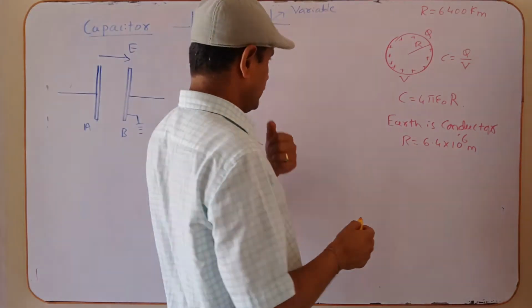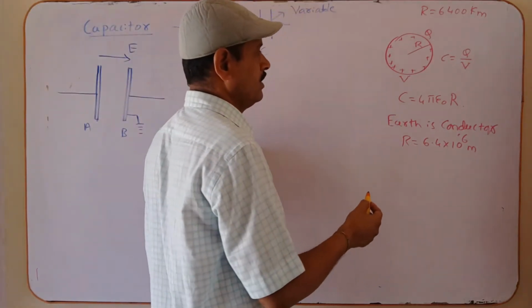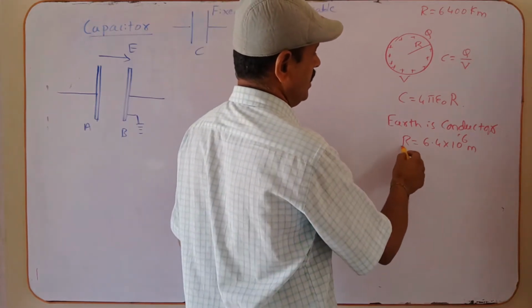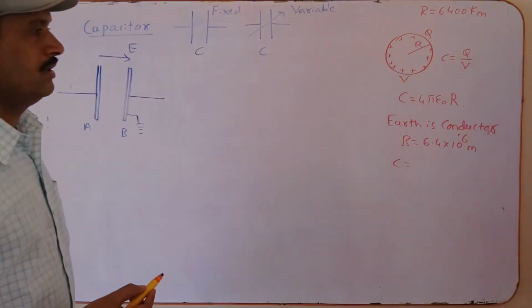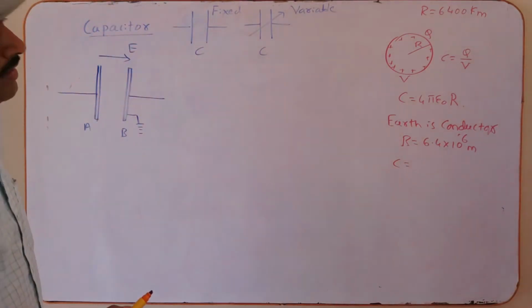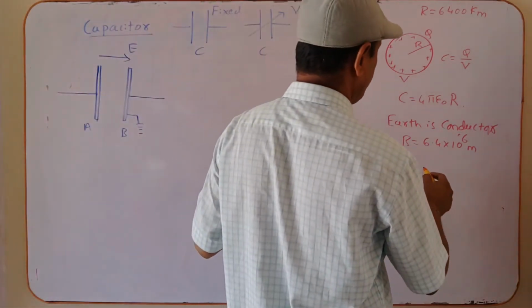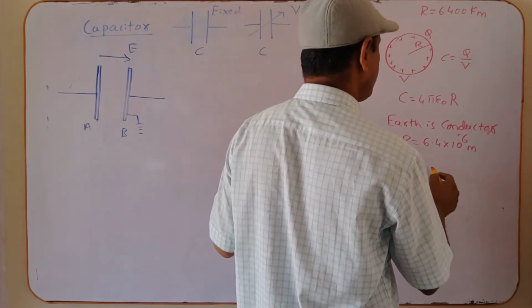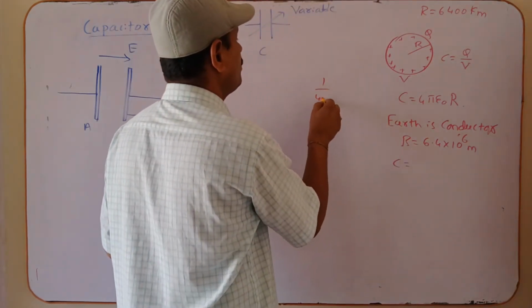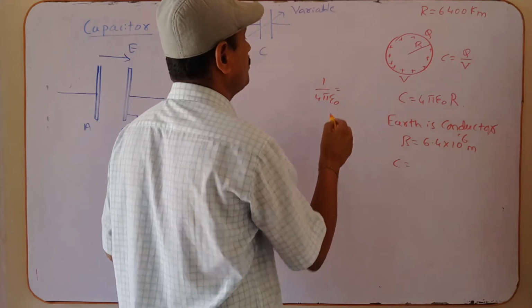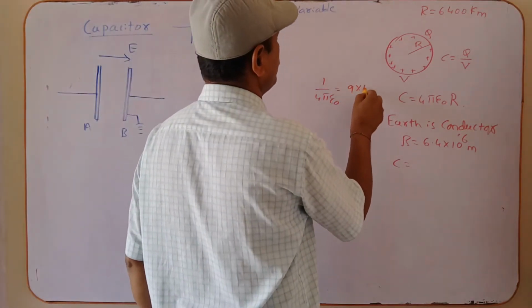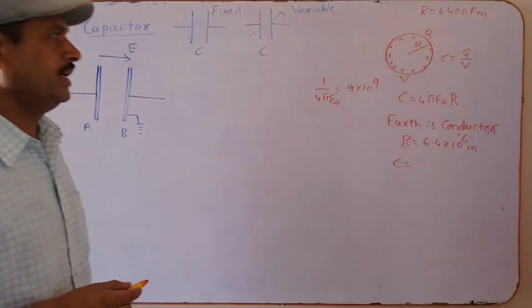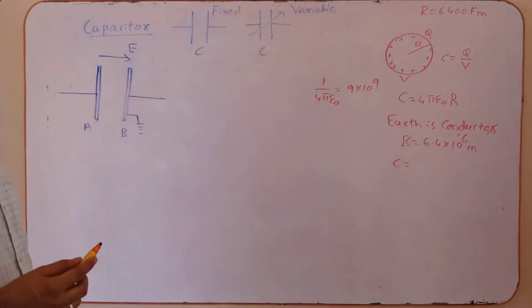Now I substitute here. What do you see here? The radius, and now C you have to substitute. C is equal to 4 pi epsilon naught. 1 by 4 pi epsilon naught value, how much you got? 9 into 10 to the power of 9.